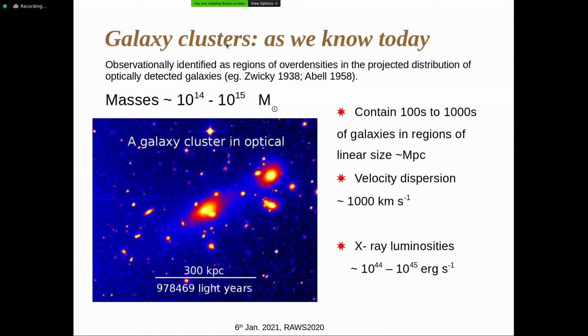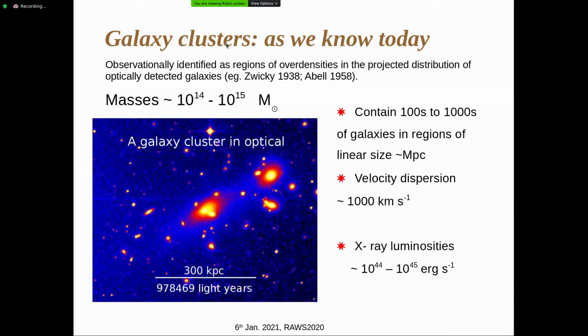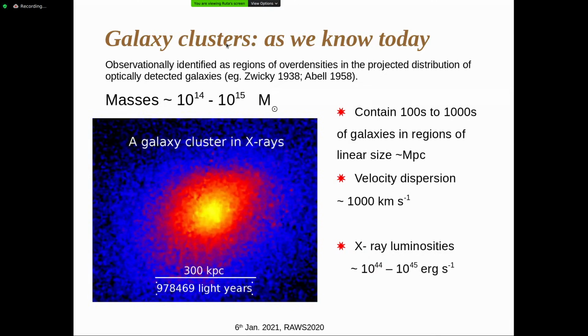Today we know that galaxy clusters are huge systems with masses of the order of 10^14 to 10^15 solar masses. They contain hundreds to thousands of galaxies, all confined in a region of about a megaparsec. These galaxies are not just standing there; just like in our solar system and in our galaxy, everything is moving.